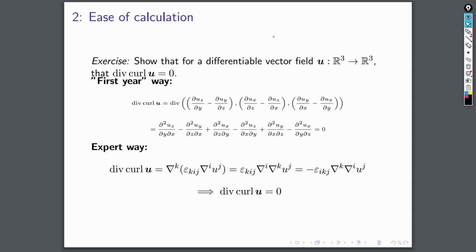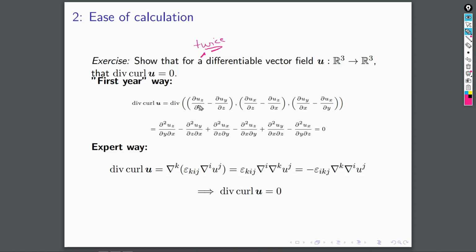The second main reason is ease of calculation. So, example exercise: show for a twice differentiable function from R3 to R3 that the divergence of the curl of it is 0.